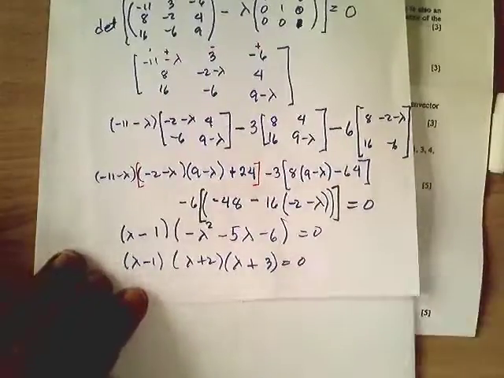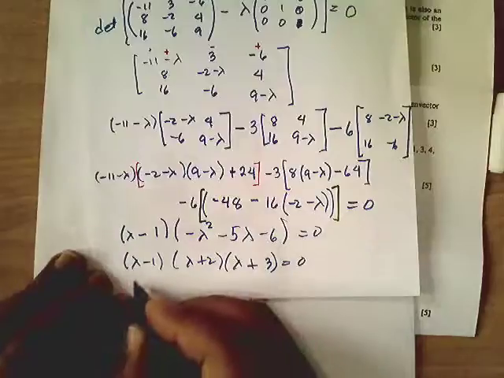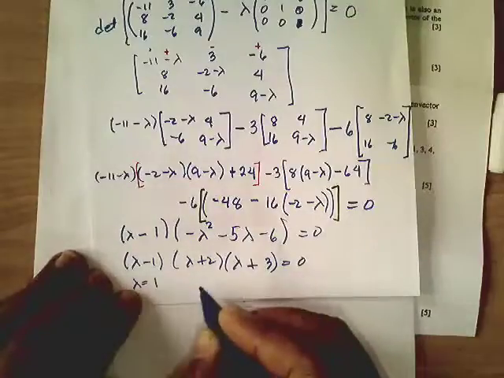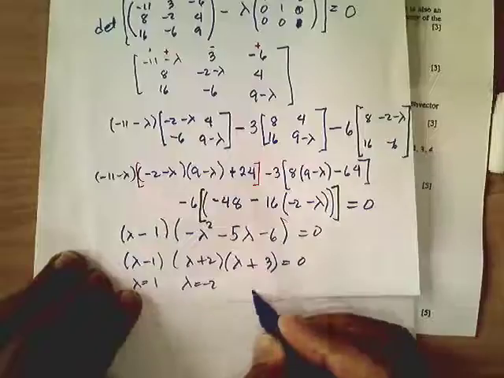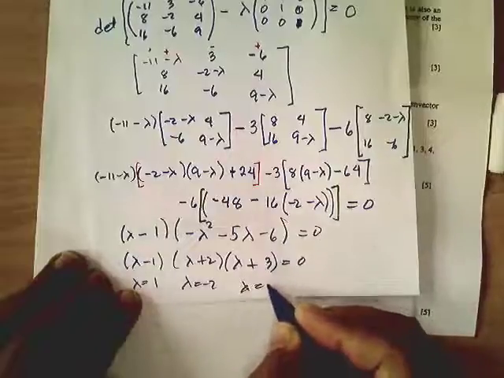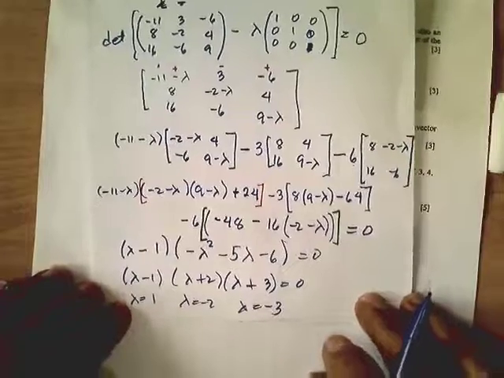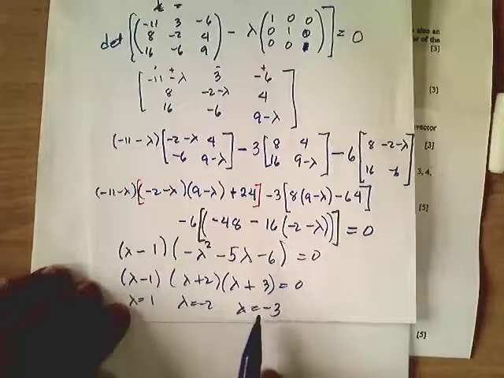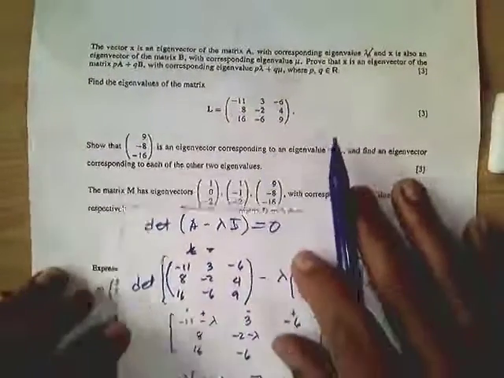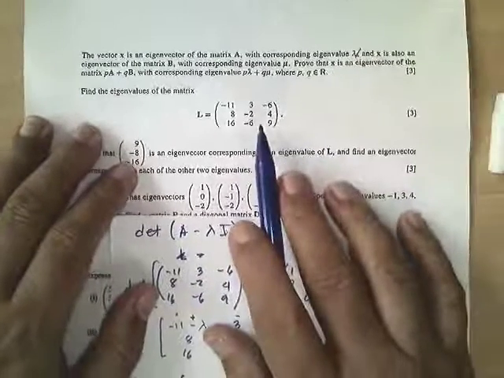So therefore it gives you the lambdas equal to 1, negative 2, and negative 3. And there you go. These are the eigenvalues of your L.